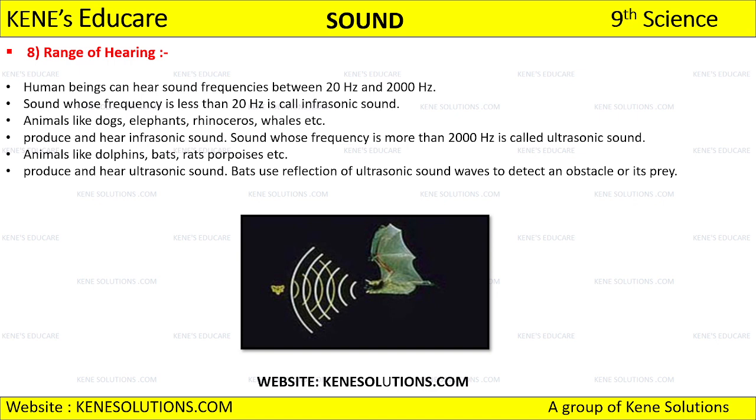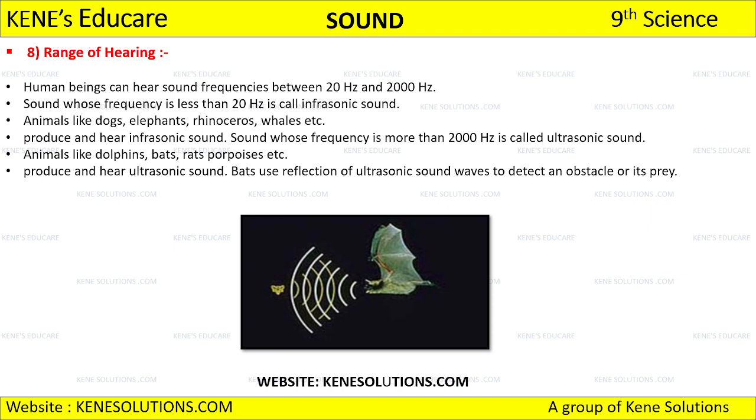Animals like dogs, elephants, rhinoceros and whales produce and can even hear this infrasonic sound. For humans it won't be audible, but these animals produce these sounds, which are called infrasonic sound, and even for them it's audible.